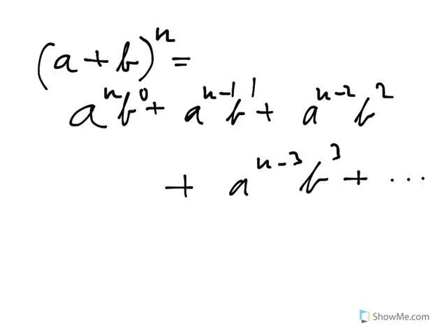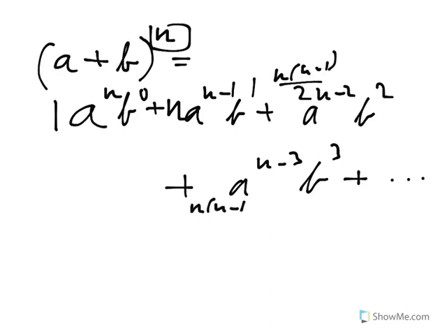If n's an integer, there would be n plus 1 terms. The coefficients are 1, nC1 is n, nC2 is n times n minus 1 over 2, and nC3 is n times n minus 1 times n minus 2 over 6.